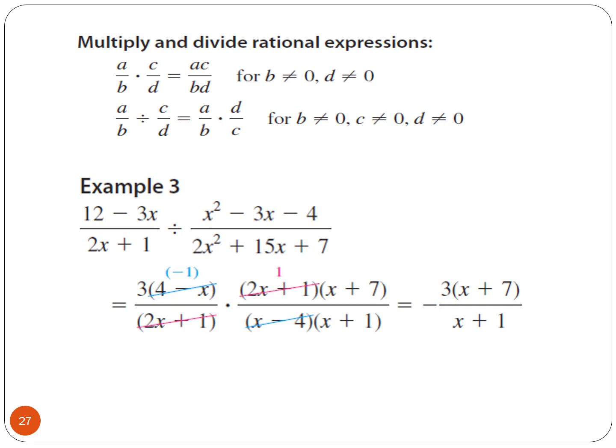The first formula: to multiply a over b times c over d, you multiply the numerators, a times c, divided by the product of the denominators, which is b times d. And of course you need to take care of the restricted values. b and d cannot equal 0. It's a simple way to multiply two fractions. Just multiply the top parts, divided by the product of the lower parts, the denominators.